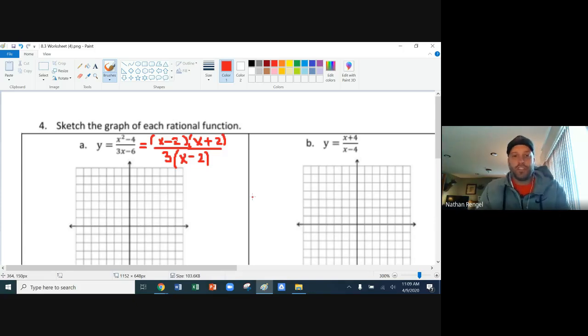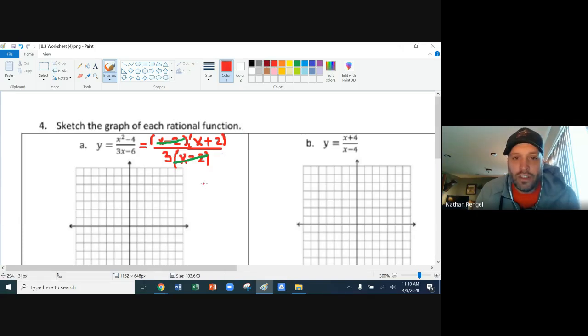So something interesting happens here. We do see that we have a removable point of discontinuity, so I will have a point of discontinuity at this 2 right here, and I can remove that, so I'll do that. But I'm not going to have any asymptotes, any horizontal, or excuse me, vertical asymptotes, because there's no other factors down here, so I just have one thing that removes.